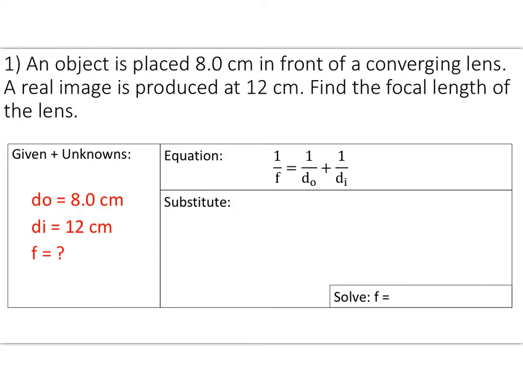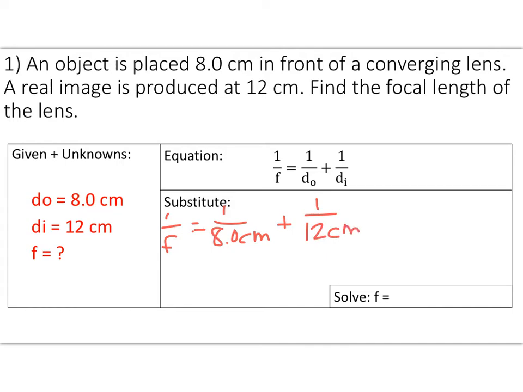So let's just rewrite that there so it's a little easier to read. The equation we're going to use is just exactly as written. 1 over F equals 1 over DO plus 1 over DI. Now it's pretty straightforward to start with. We're going to just plug in our numbers here. 1 over F equals 1 over DO, which is 8.0 centimeters, plus 1 over DI, which is 12 centimeters.